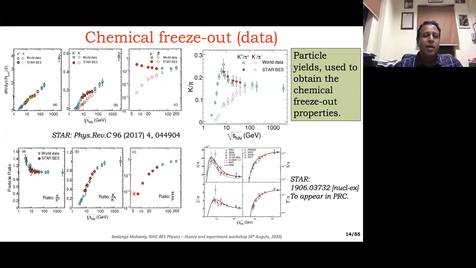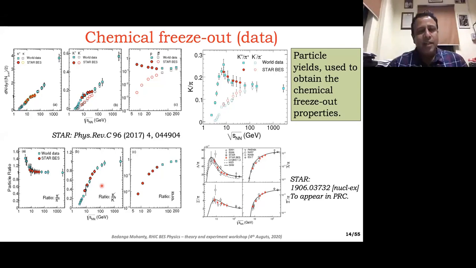For example, P bar by P changes from the order of 10 to the power minus 2 to close to 1. So also the K plus by K minus from around 0.4 to unity. All these changes suggest that the medium composition and properties are changing when we take data for the beam energy scan program. It's both challenging as well as interesting, as we see that there could be effects related to change in the baryon density of the matter when we do our beam energy scan program.